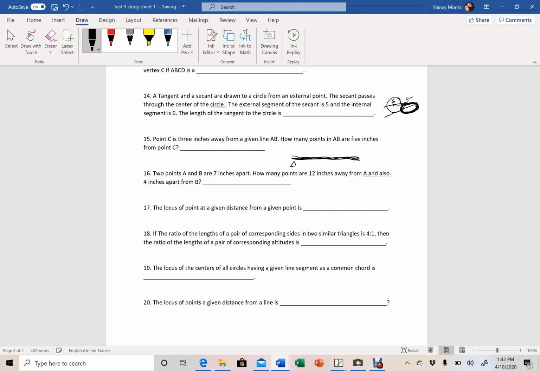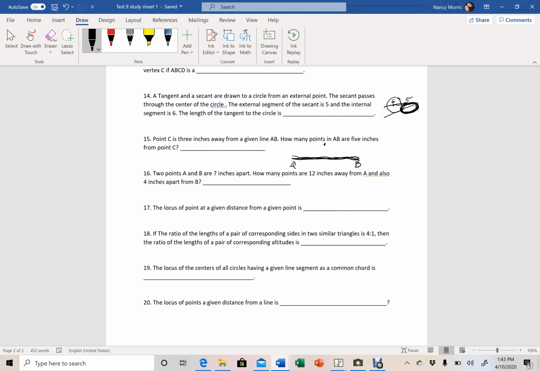All right, AB. Okay, and we've got point C, which is 3 inches away from AB. How many points in AB are 5 inches away from point C?